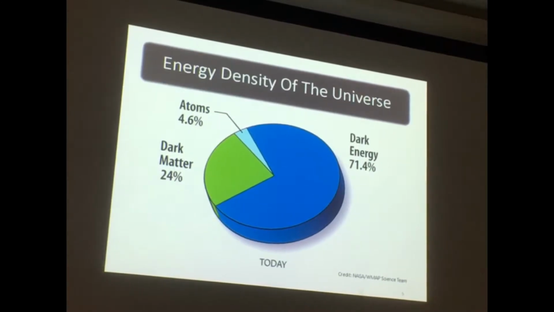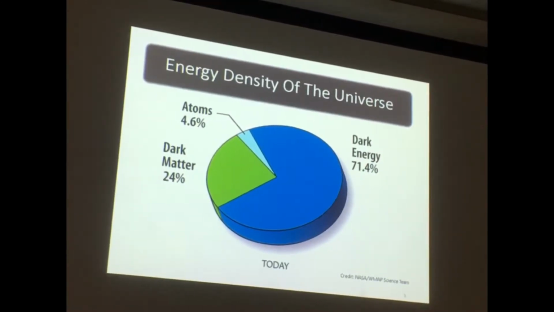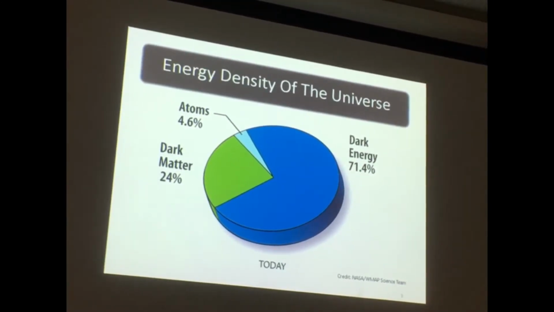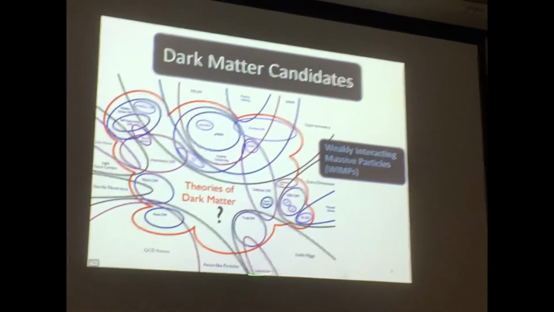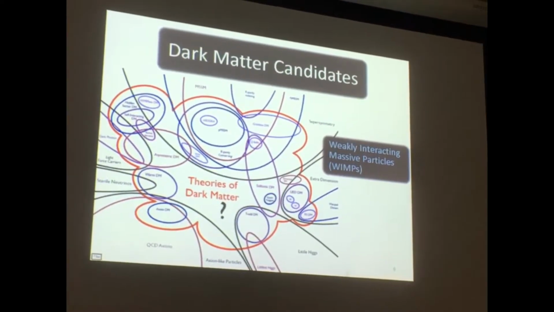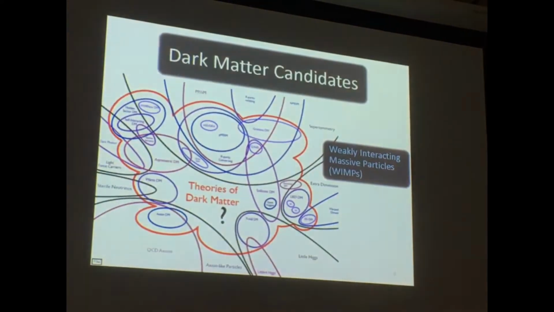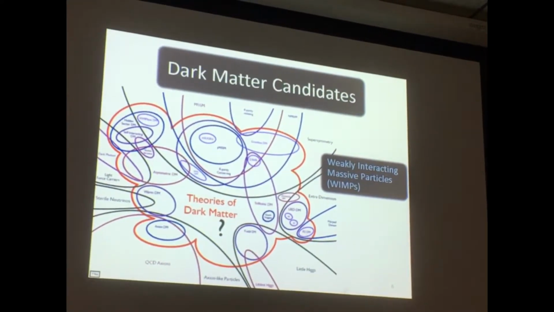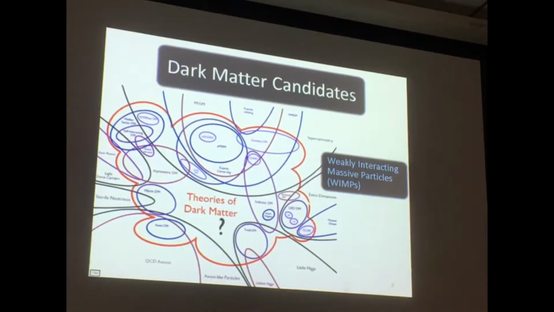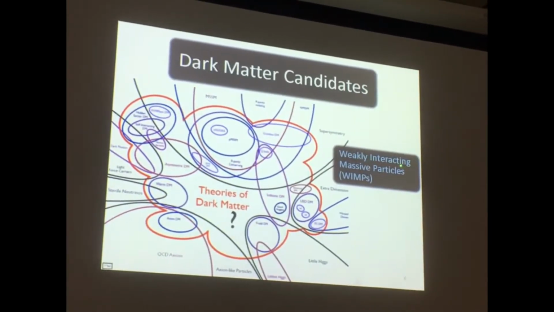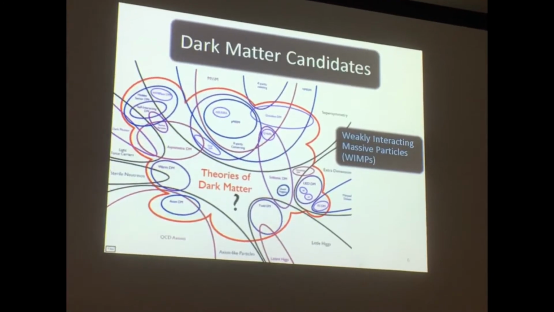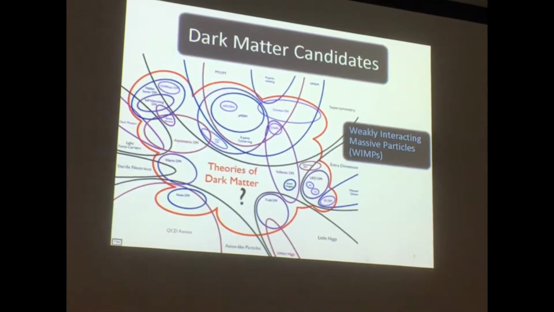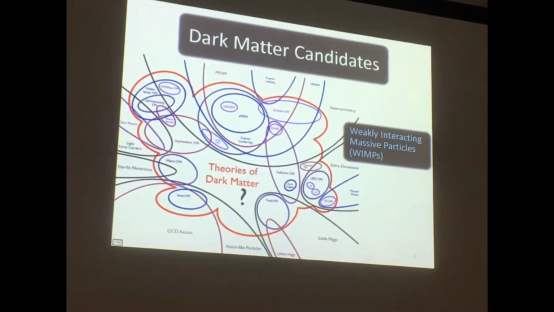But I'll be talking about this dark matter fraction. Okay, so people have lots of different ideas for what dark matter could be. This shows what the field is like and all the different ideas. But I'm going to be focusing on this weakly interacting massive particle dark matter candidate, or WIMP, which is well motivated.